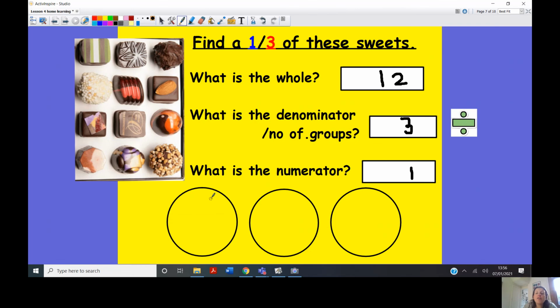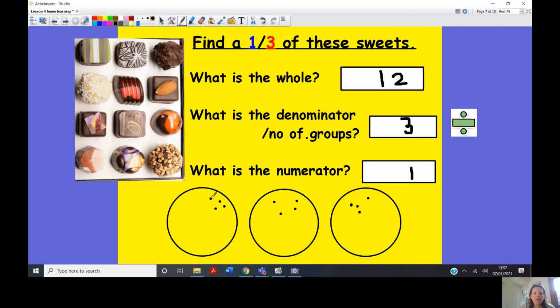So what we are going to do is divide 12 between 3 equal groups. 1, 2, 3, 4, 5, 6, 7, 8, 9, 10, 11, 12. So we have split 12 sweets between 3 equal groups. We only need to know how much is in one group, because that is what we are asking for. 1/3, one of the 3 groups.